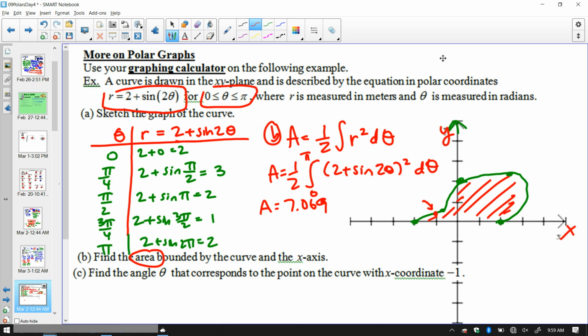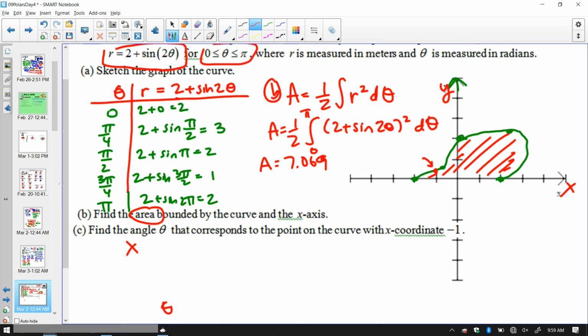How do I correlate that with r and theta? How does x correlate with r and theta anyway? x equals r cosine theta. Guys, I'm just letting you know, if you forget anything on the test and you have an x or y, it's probably you forgot x equals r cosine theta.